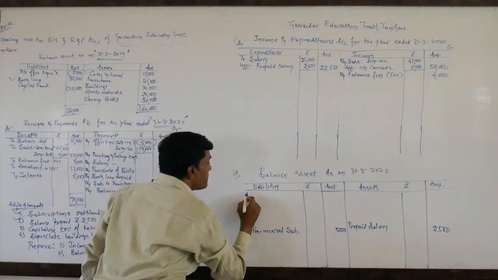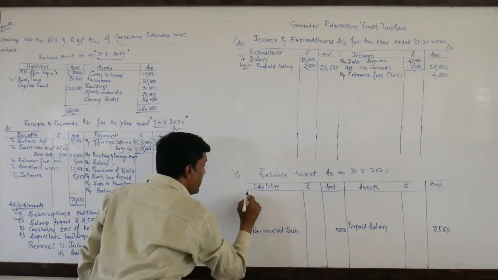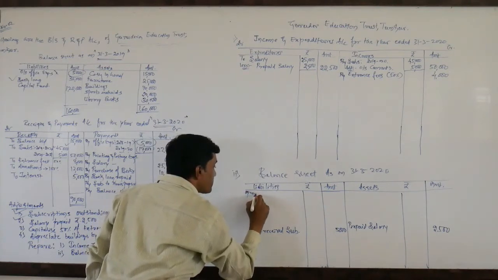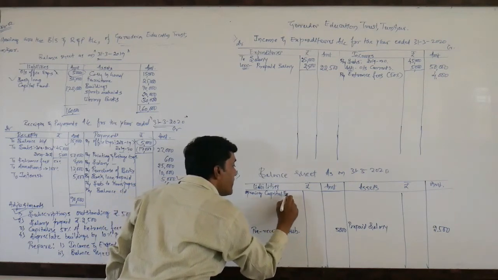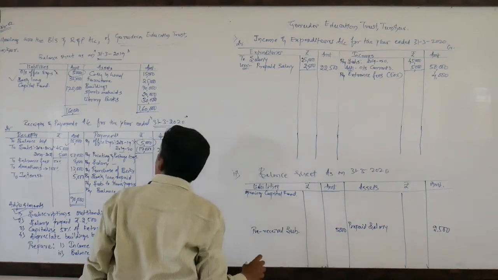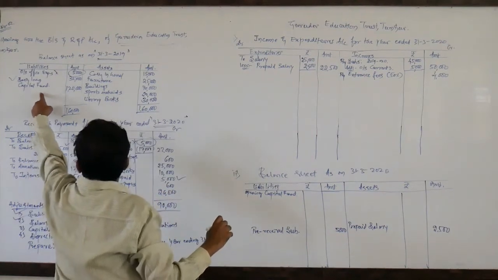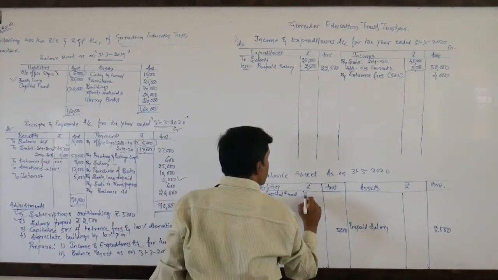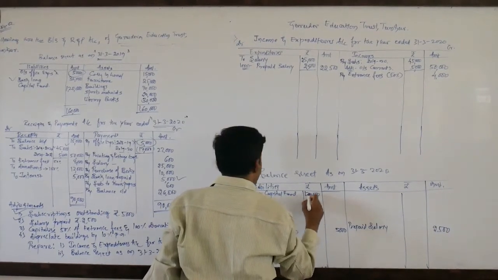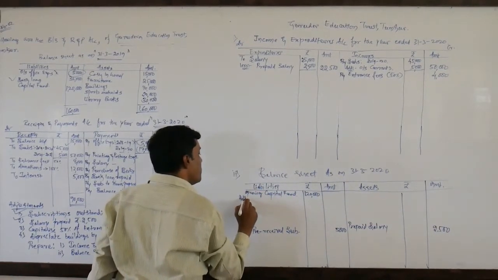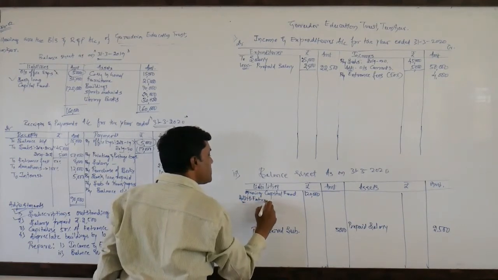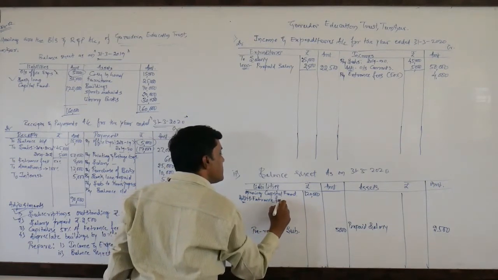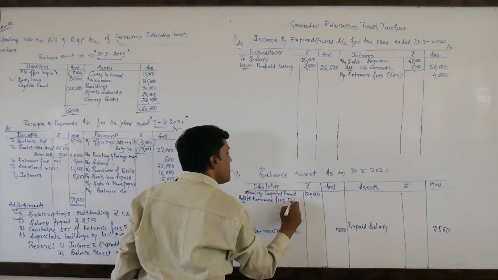Now come to the liability side, opening capital fund, which is given in the last year balance sheet. On the liability side rupees 1,20,000. Add this one, number 1, entrance fees 50%.